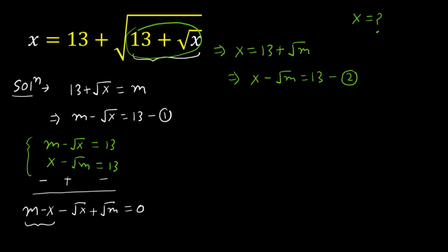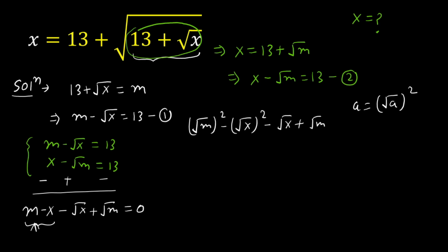Look carefully, m minus x. Here we will apply the rule a is equal to square root of a whole square. Then m is square root of m whole square minus x is square root of x whole square minus square root of x plus square root of m, and this is equal to 0.